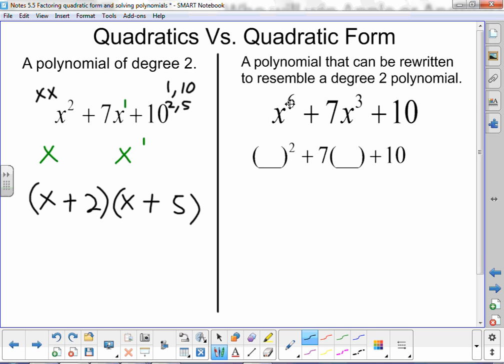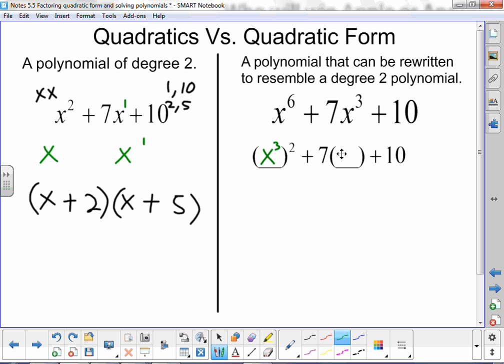So if I think about this, x to the 6th, could I rewrite this as a square? That way it looks like a polynomial of degree 2. And turns out I can, as long as you write it x to the 3rd, because then using the power of a power, 3 times 2 is 6. So this is the same thing.